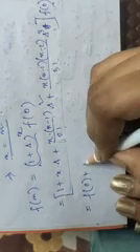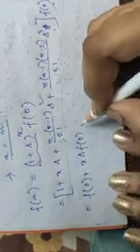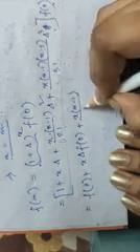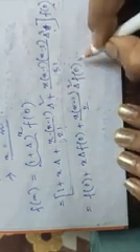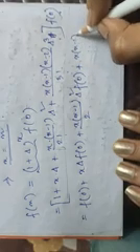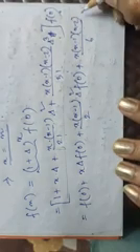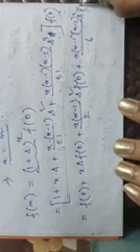Now check in the table, there is no value of delta to the power 4, so we can terminate it. Multiplying by f0, it becomes f0 plus x delta f0 plus x(x minus 1) by 2 delta square f0 plus x(x minus 1)(x minus 2) by 6 delta cube f0.